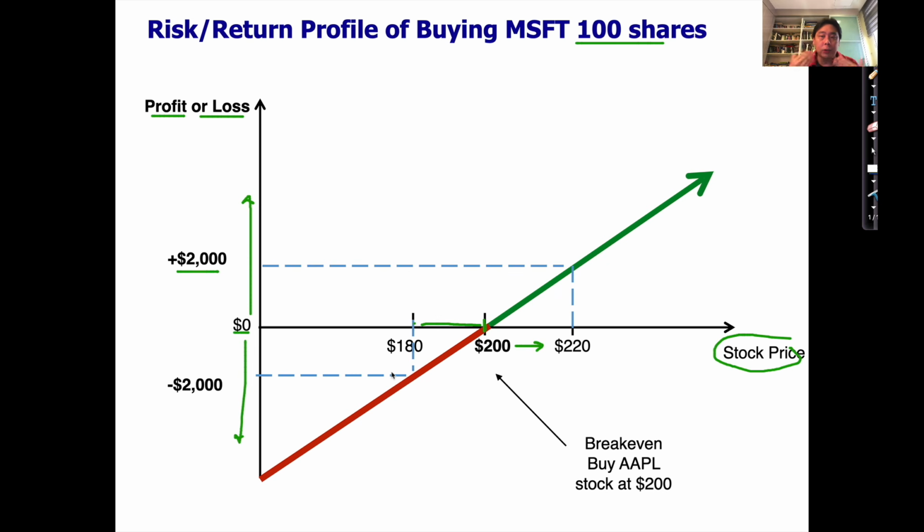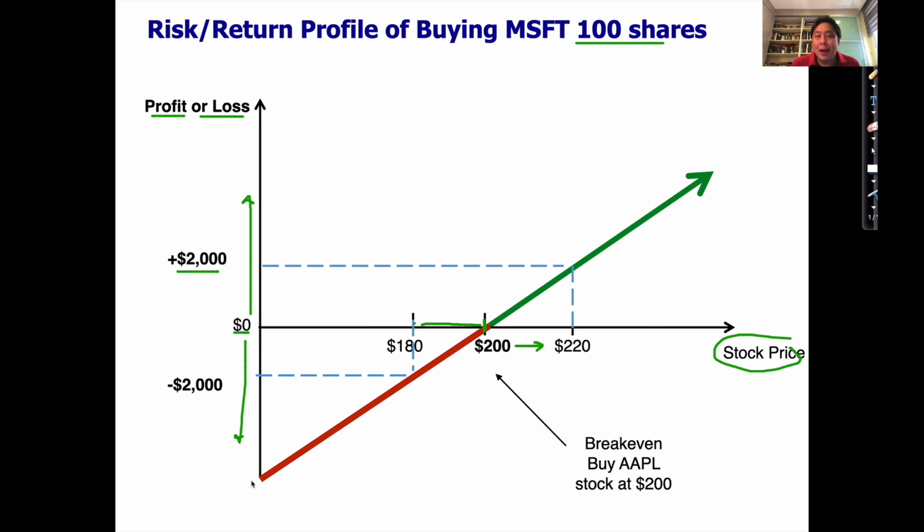So when you buy a stock, you can see that it's a one-for-one risk to reward. Price goes up $1, you make $1. Price goes down $1, you lose $1. Now, of course, theoretically, a stock could go to zero, and if it goes to zero, you could lose the entire investment.